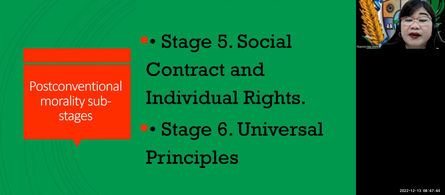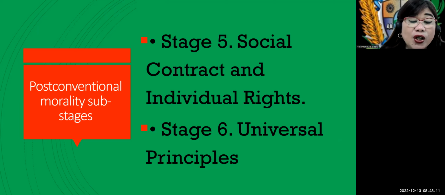Okay. Stage 6 is universal principles. In this stage, people have developed their own set of moral guidelines, which may or may not fit the law. The principles apply to everyone, for example, human justice, human rights, and equality.